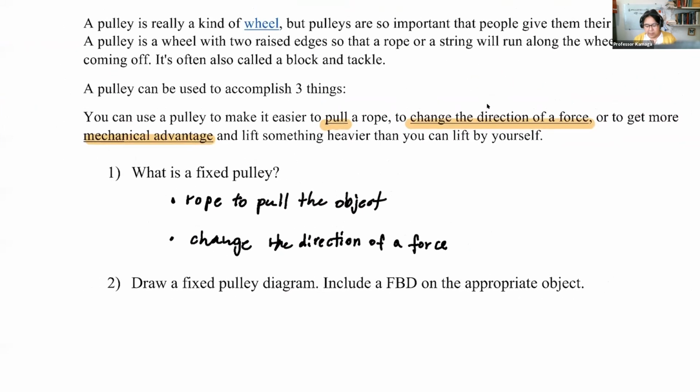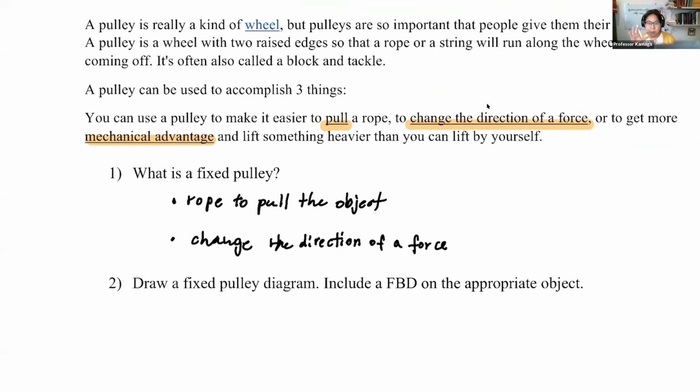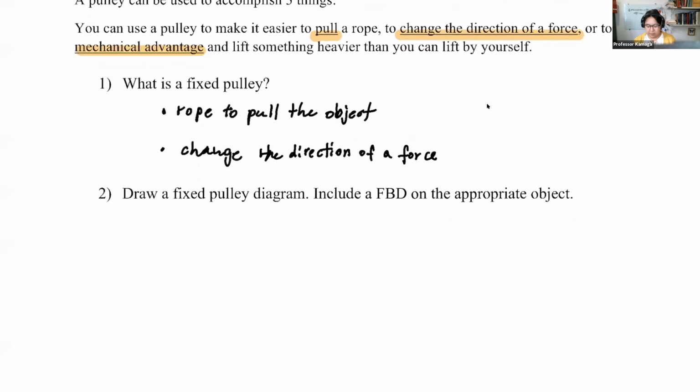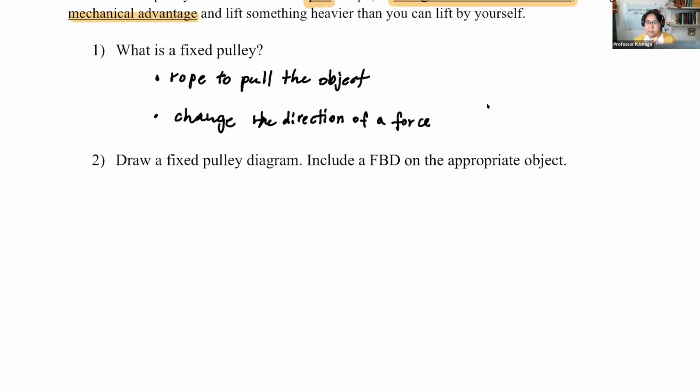In physics, we assume this pulley that you just saw in the image, and physical pulleys too, we assume that there is no friction force. So the pulley wheel rotates smoothly, and on the rope, there's no friction force. In reality, it's not the case.